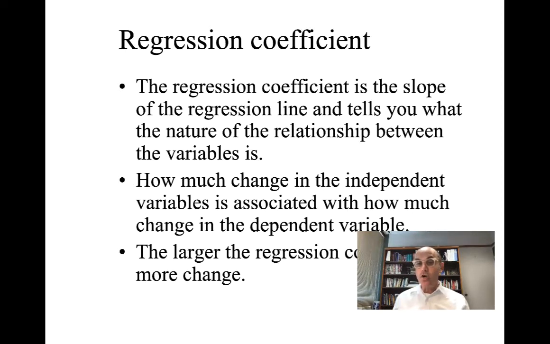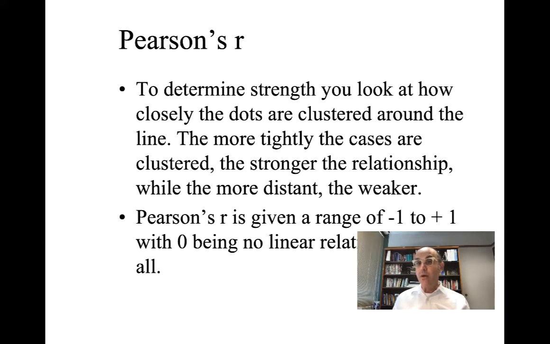In regression, the coefficient is the slope of the line that tells us the nature of the relationship between the variables. Those are the things that we are looking at.